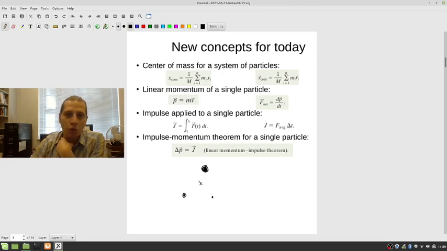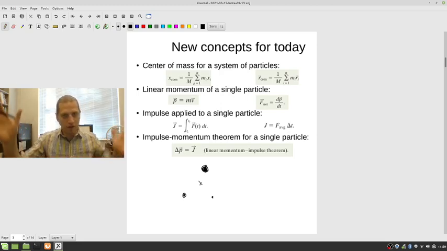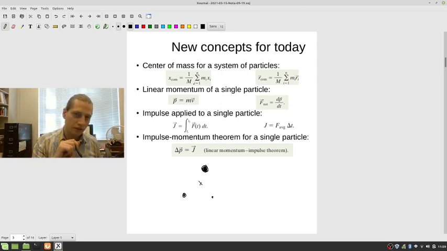So it's basically a weighted average of where all the mass in your system is. And the reason that's useful is that you can then go from all of those points in your object, or all of those different particles that you could define as your system, and describe then your system essentially as a particle. Okay, so that's a little confusing, but hopefully we can make some sense out of it.